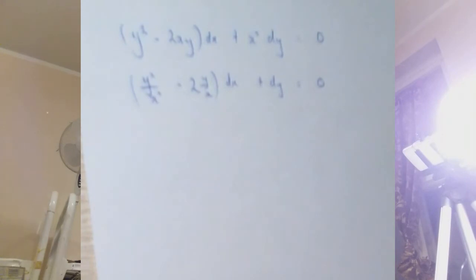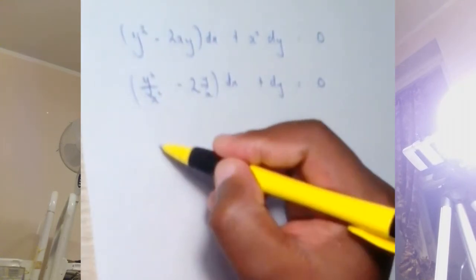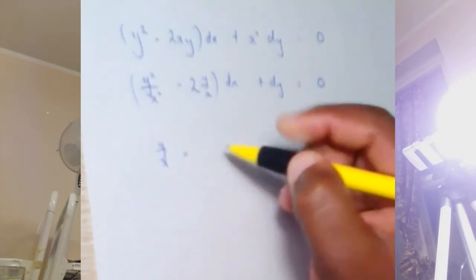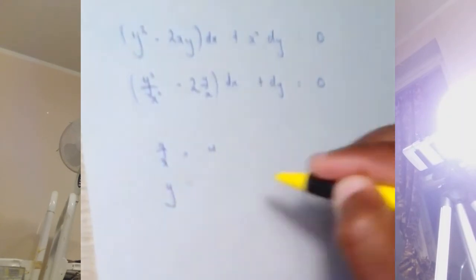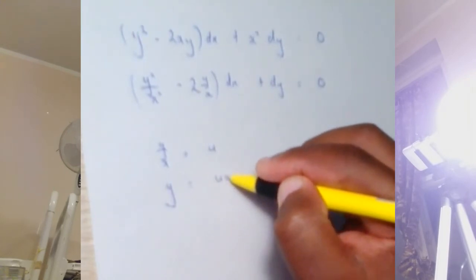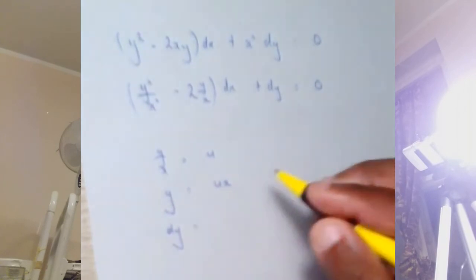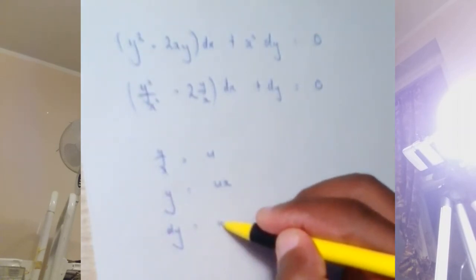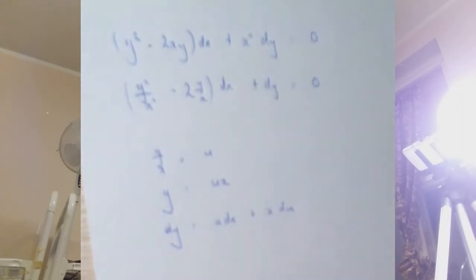Once I have this kind of an equation, I can easily see that I can substitute y over x being equal to u, and this means y is equal to ux, and dy is equal to u dx plus x du.